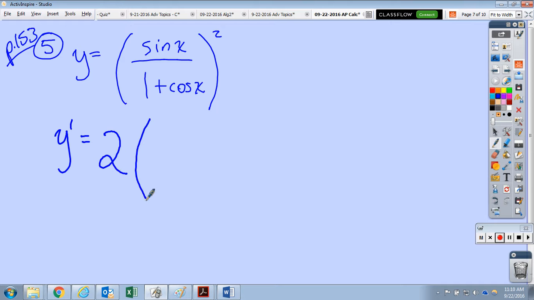Leave this inside alone. But then you do the closer one. Then this drops down the power to 1 times the derivative of the inside, which is a quotient.